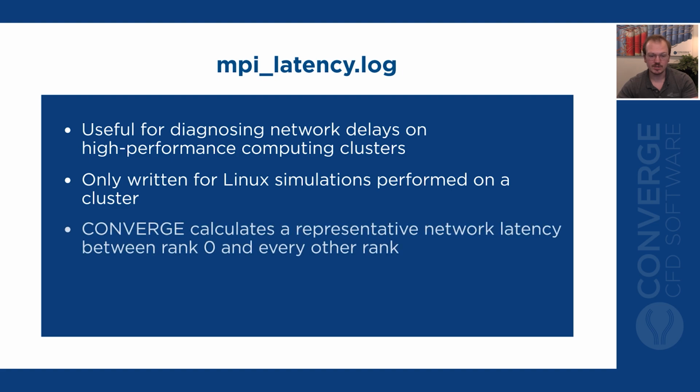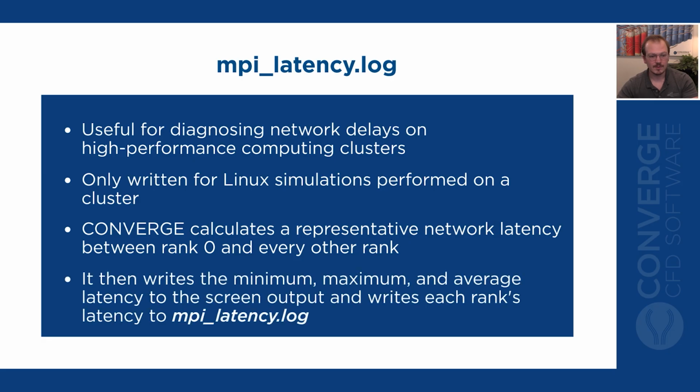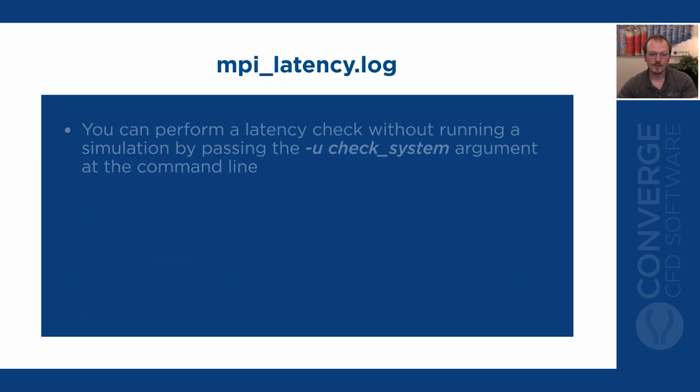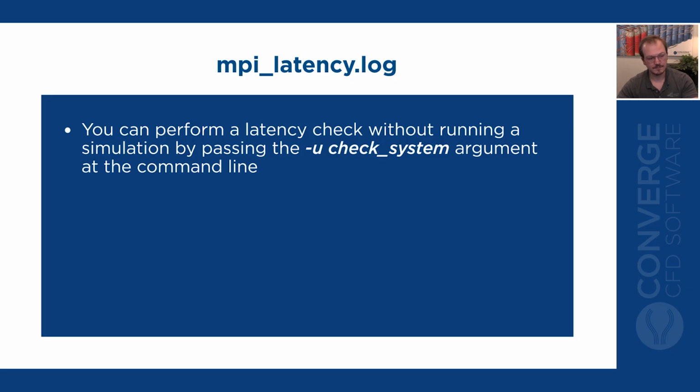At the beginning of the simulation, CONVERGE calculates a representative network latency between rank 0 and every other rank. It then writes the minimum, maximum, and average latency to the screen output and writes each rank's latency to the MPI_latency.log. You can perform a latency check and get the MPI_latency.log without actually running a simulation by passing the check system argument at the command line.